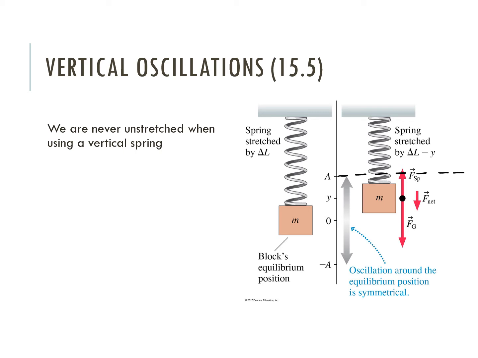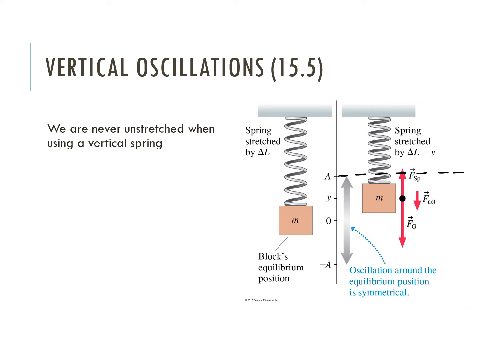So here, if we look at the coordinate system that the textbook has put in the middle, the textbook makes it so that the upward direction is positive and the downward direction is negative. You are welcome to flip this.